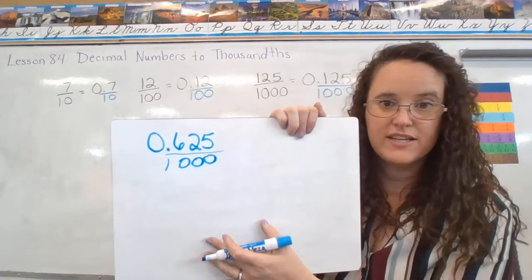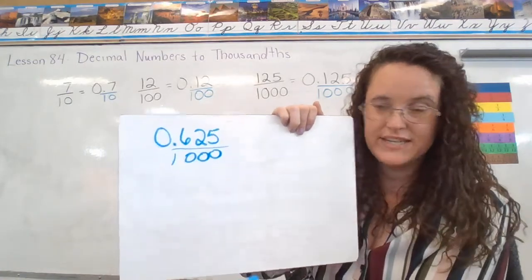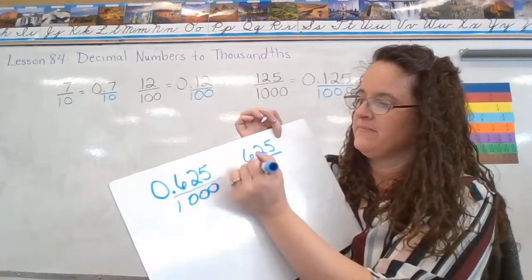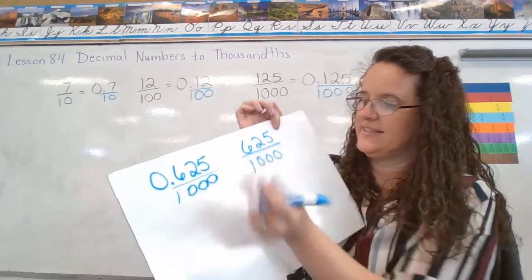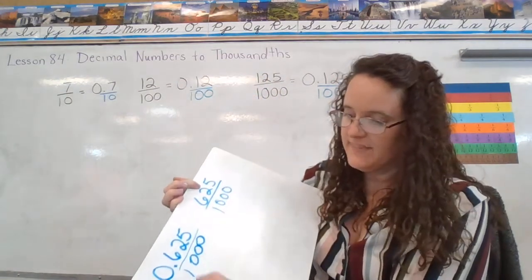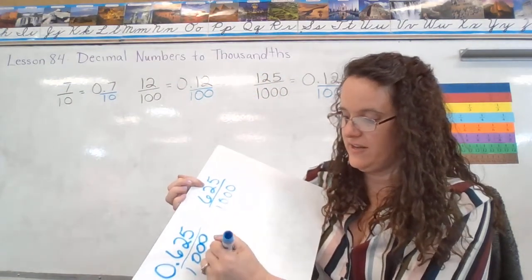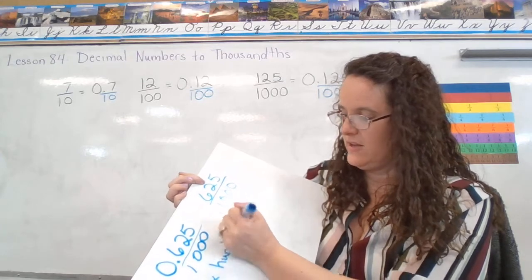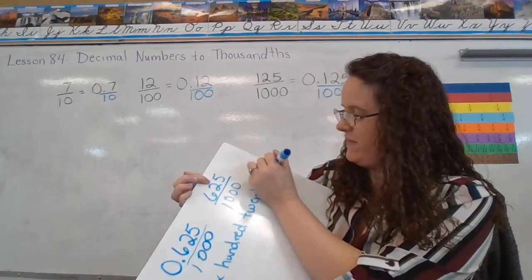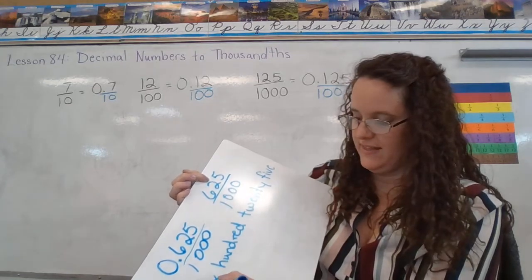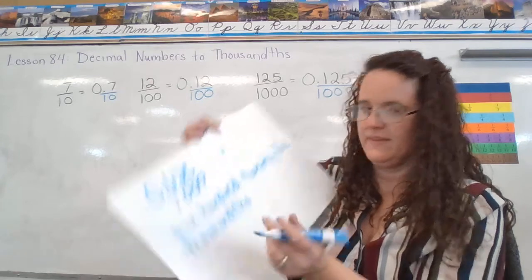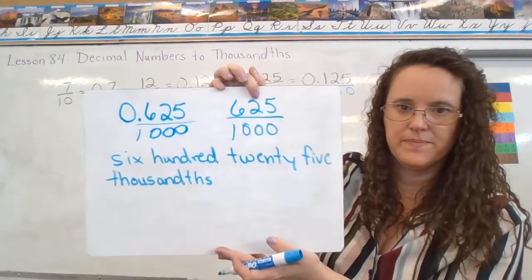So that's what it's going to look like just without the decimal point. So I want to write 625 thousandths. Just like that. Now use words. 625 thousandths. There we go.